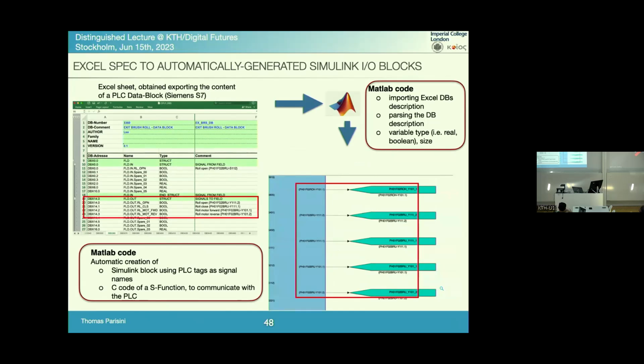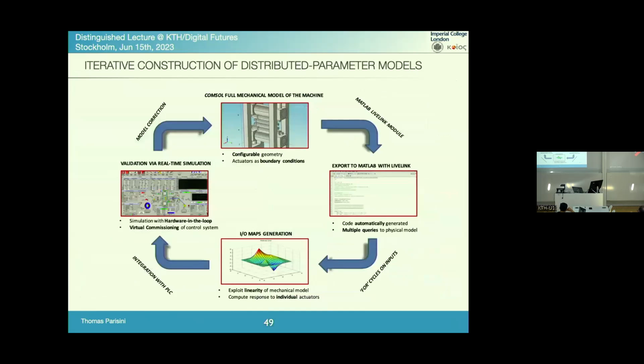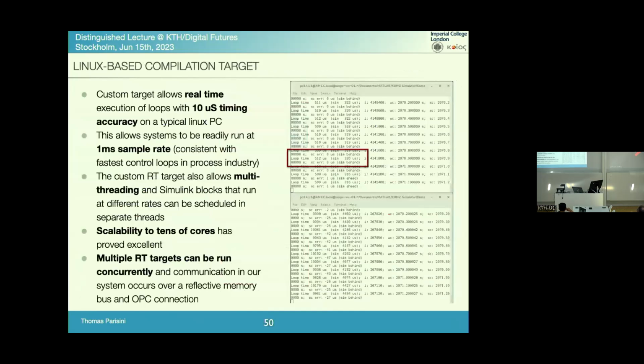If you add a sensor or an actuator, you just have the file modified, you rerun the parsing, and you have the additional block that you need. Maybe I skip that. How you build these numerical models is something I can talk about offline. And that is just a compilation target.